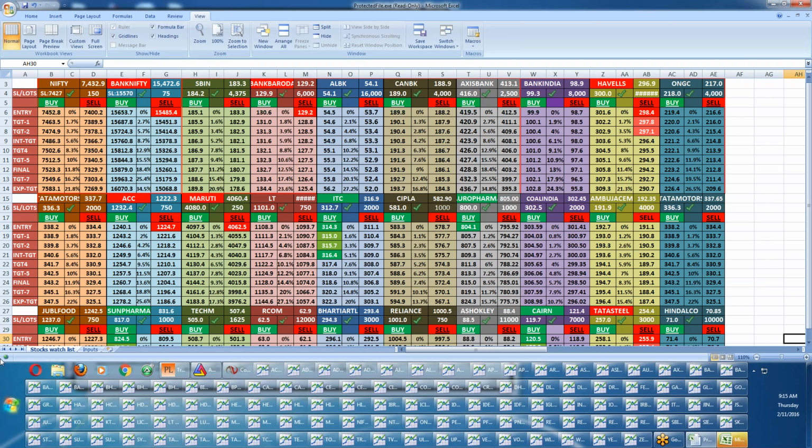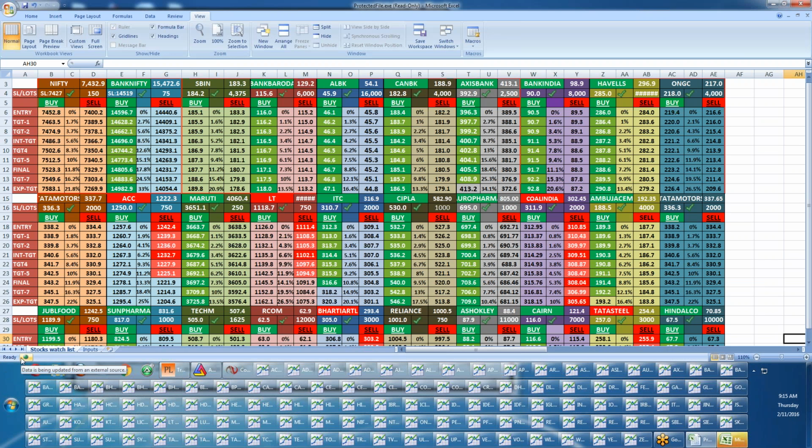You can see that globe icon rotating here. That means that the current day data is being fetched from the servers. Once that stops, we'll put it on auto refresh mode, and then we can start it off.